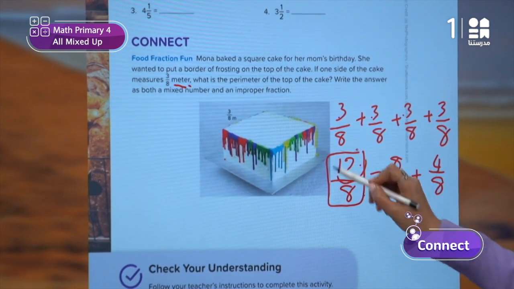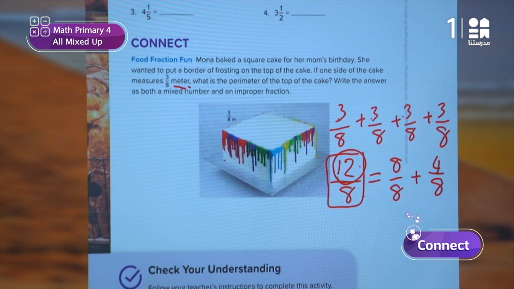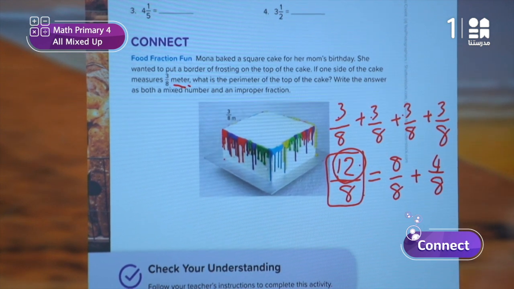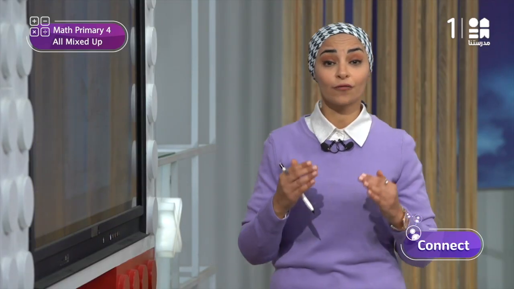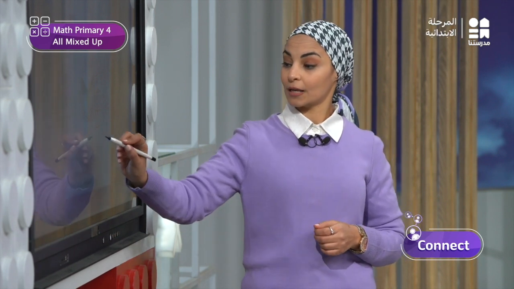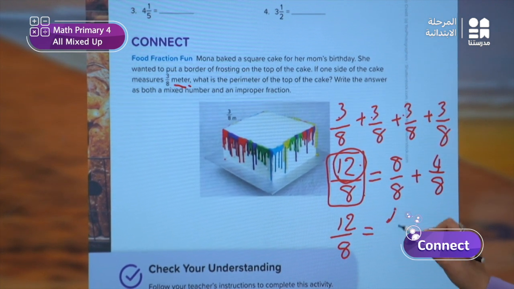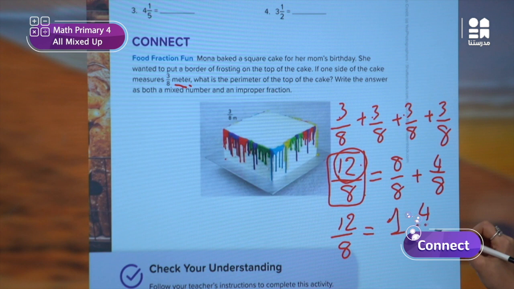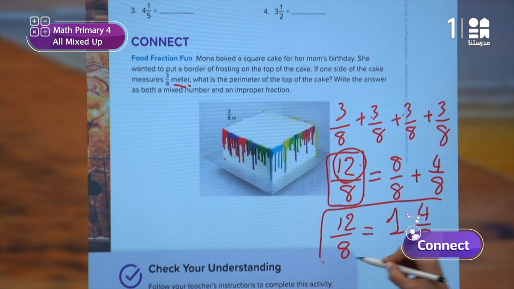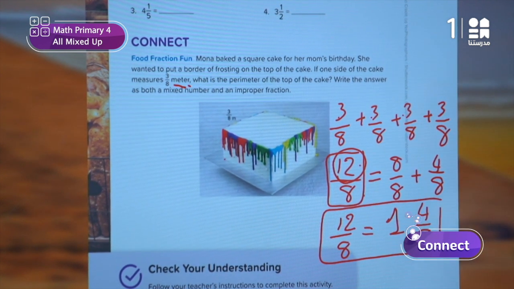We agreed that we decompose the numerator only and keep the denominator as it is. And this is because 8 over 8 equals 1 whole and the remaining is 4 over 8. So 12 over 8, the improper fraction, equals 1 whole and 4 over 8, which is the mixed number. And they are equal of course to each other.